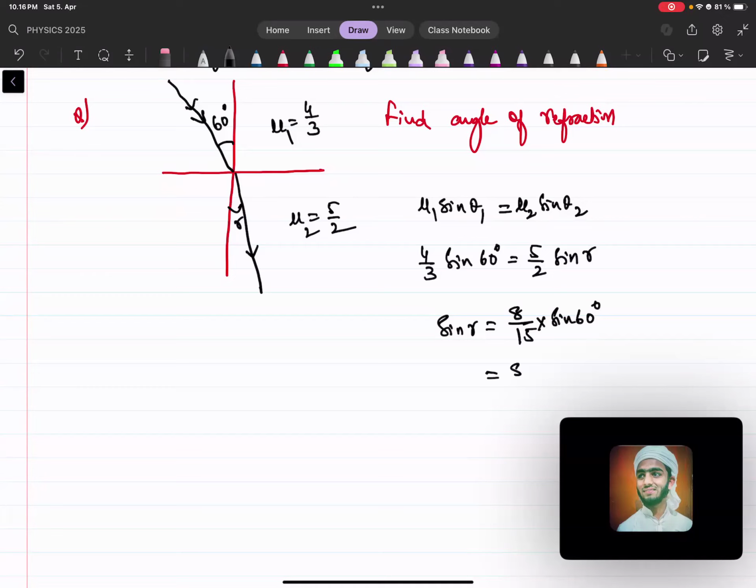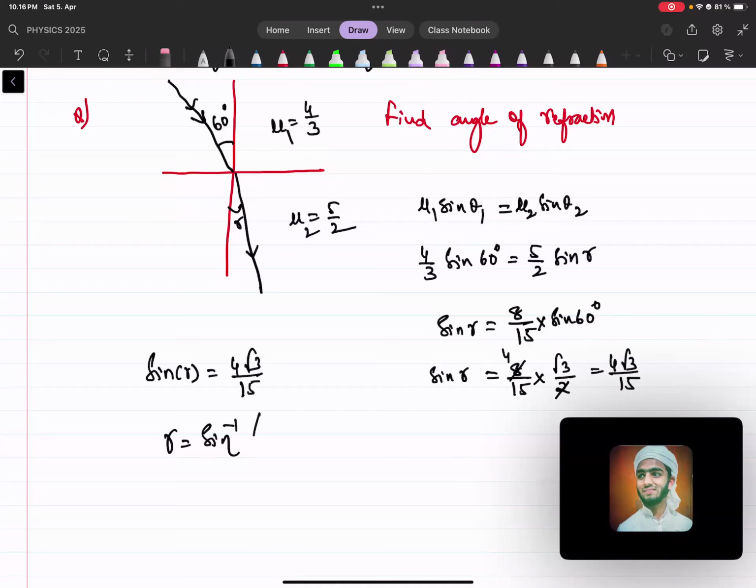So this will be equal to 8 divided by 15 into sine 60, which is root 3 divided by 2. 2 ones are 2, 2 fours are 8, so obviously it is 4 root 3 divided by 15. This is your sine r. So r will be equal to sine inverse of 4 root 3 divided by 15. This will be your answer, sir.